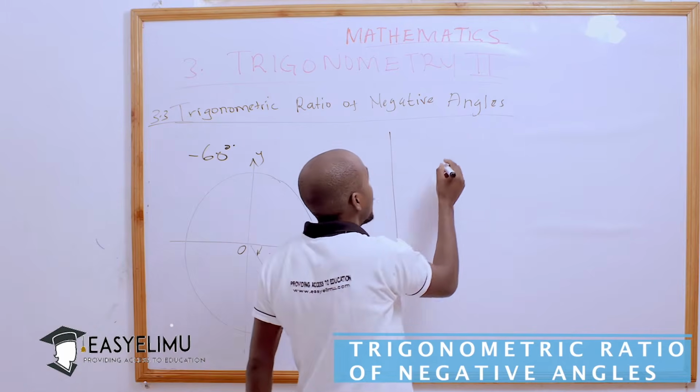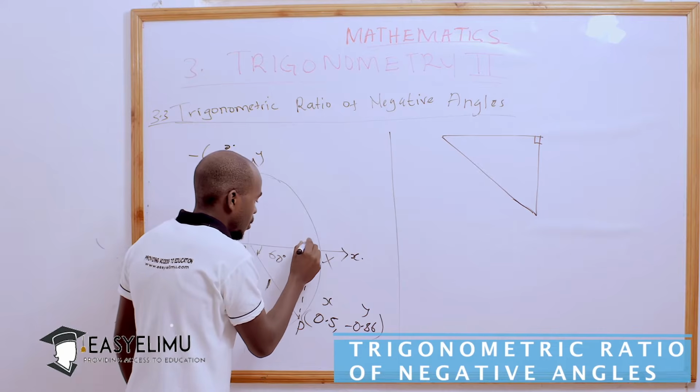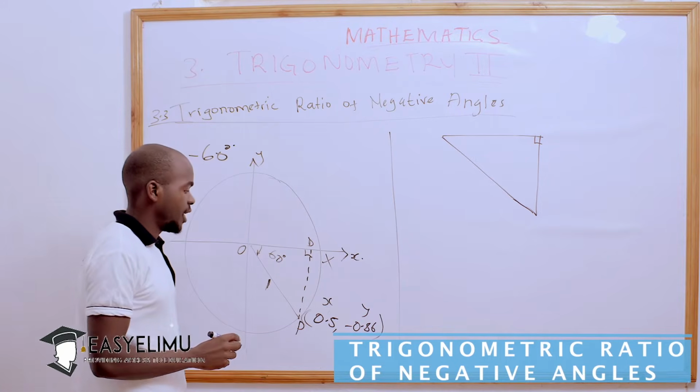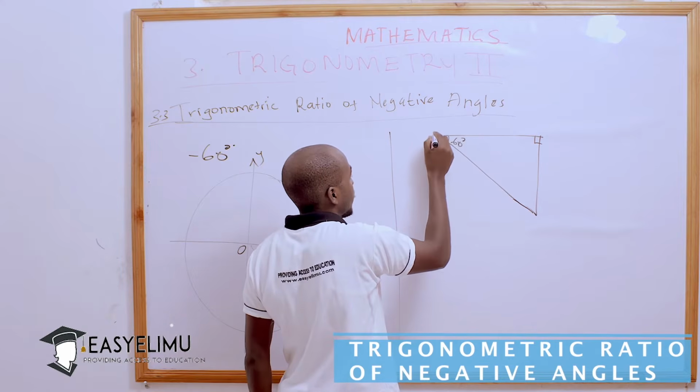So on calculation, if we extend that way, we are going to have a right angle triangle. If we label that point D, we have this angle at 60 degrees.